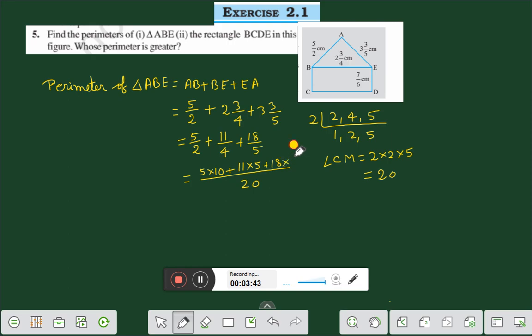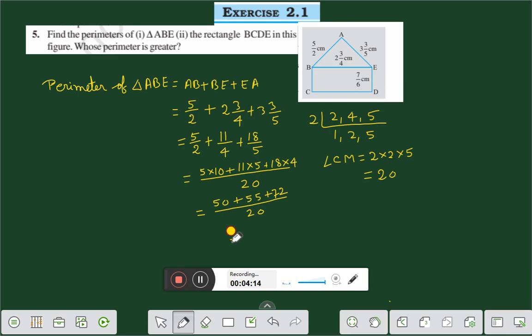And we are getting 5 times 10 is 50 plus 5 times 11 is 55 plus 18 times 4 is 72, over 20.